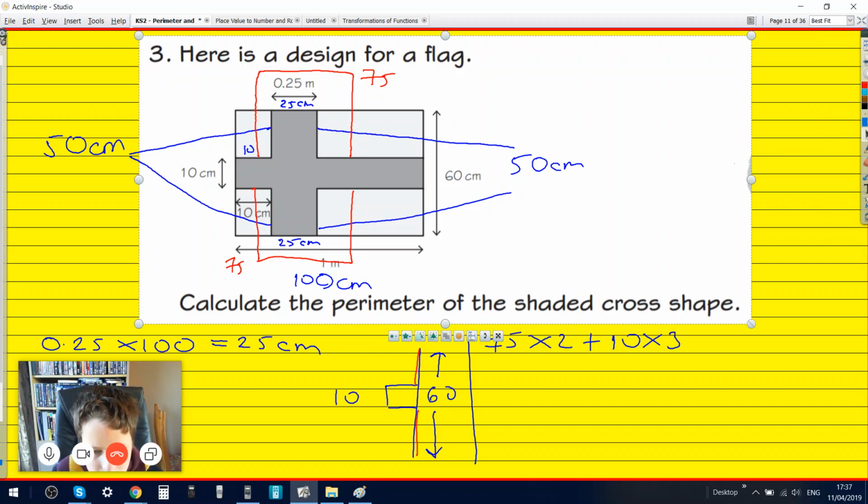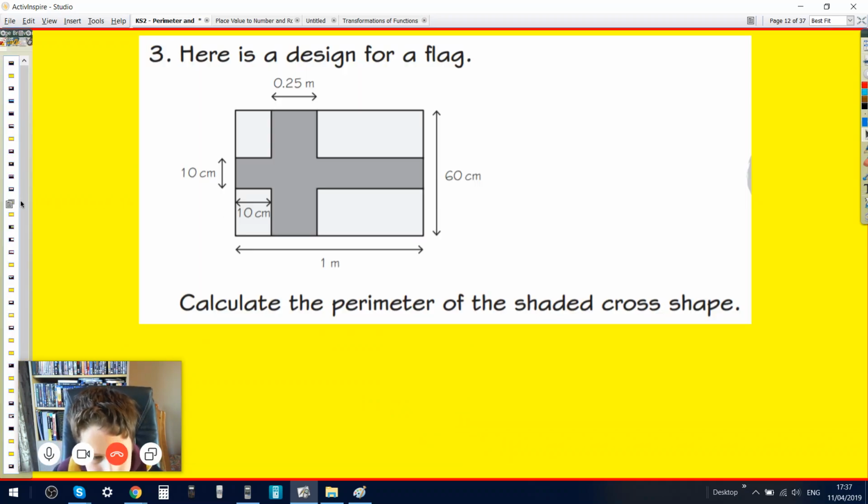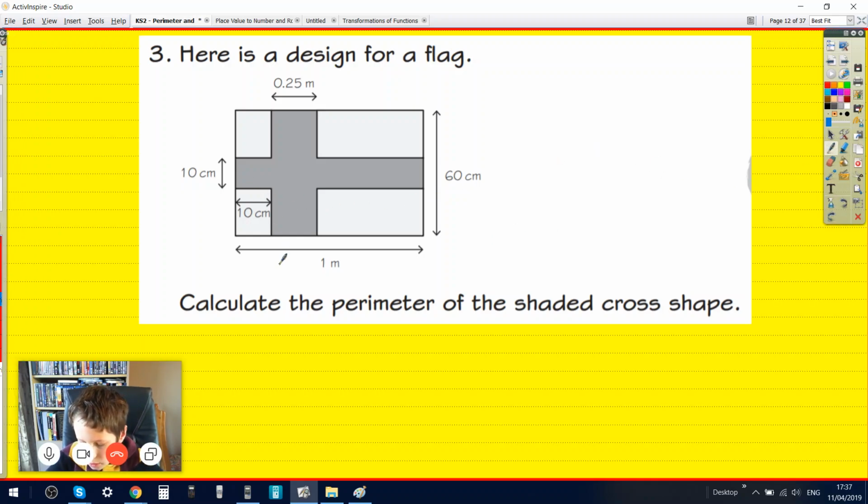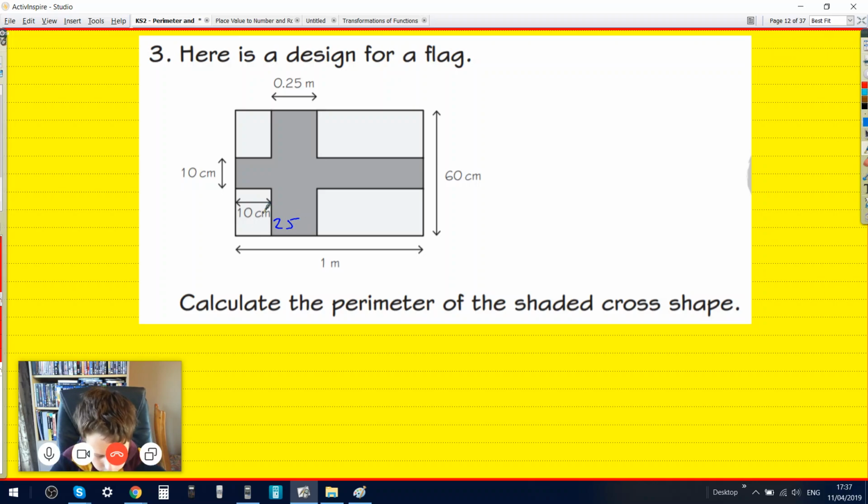And then 75 add 75 is 150. So, and then we would need to add up all the sides. So 75 plus 75 is 150.